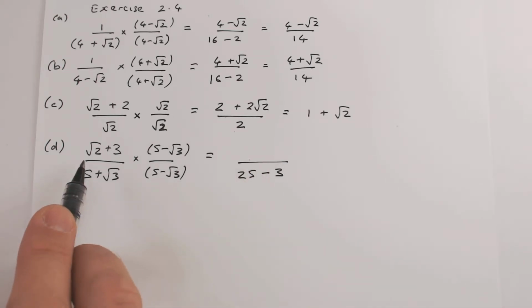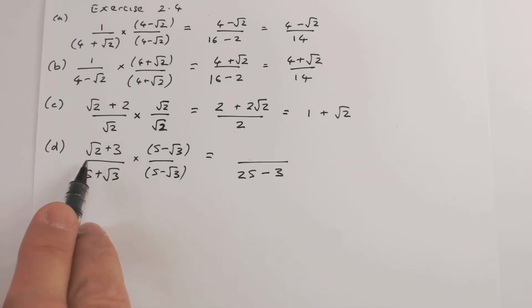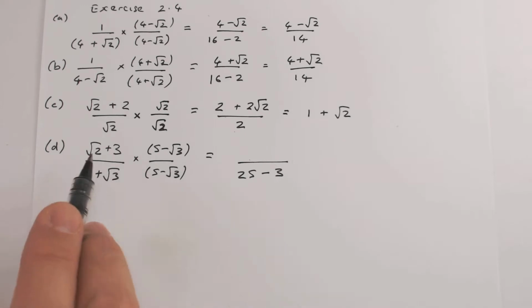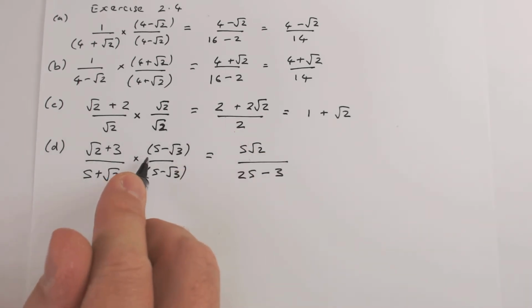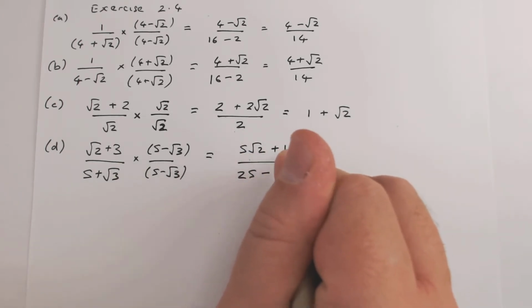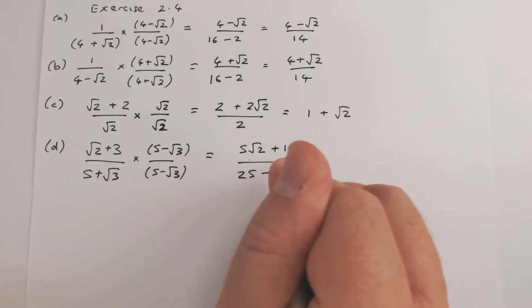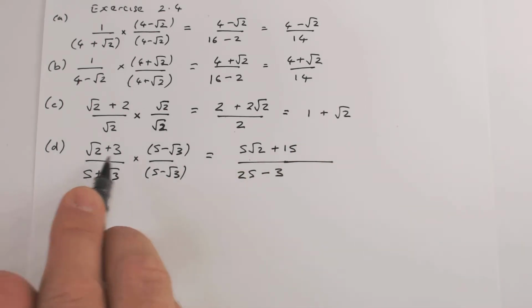Okay, now on the top we've got quite difficult cross terms to deal with. So I've got 5 root 2, 5 times 3, so that's 15. That reminds me of something. Okay, so that's my 5's done.